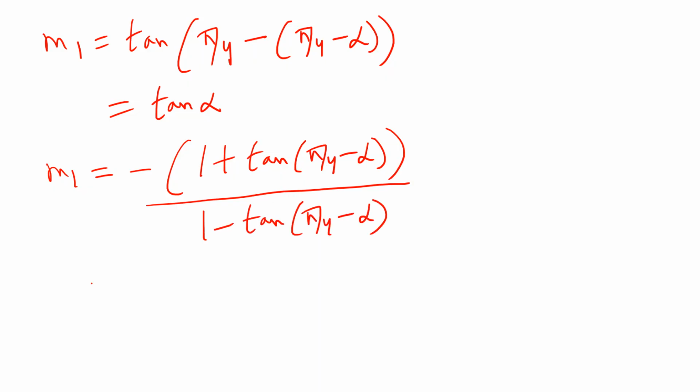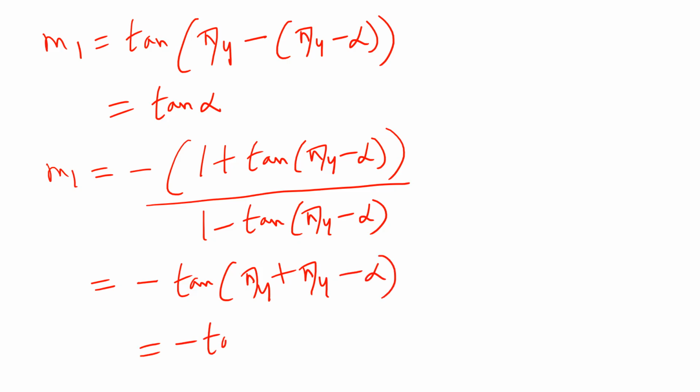Now students, we know that (1 + tan theta)/(1 - tan theta) can be written as tan(pi/4 + theta). So now this becomes -tan(pi/4 + pi/4 - alpha). And this is how much? This is -tan(pi/2 - alpha), or this is just -cot alpha.